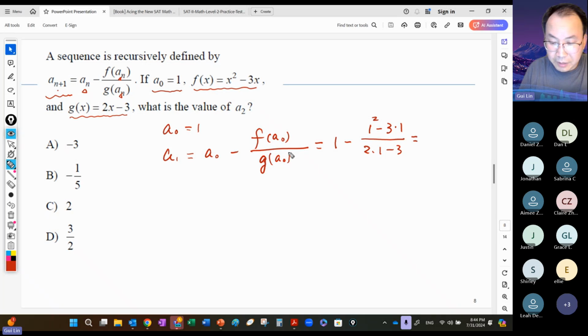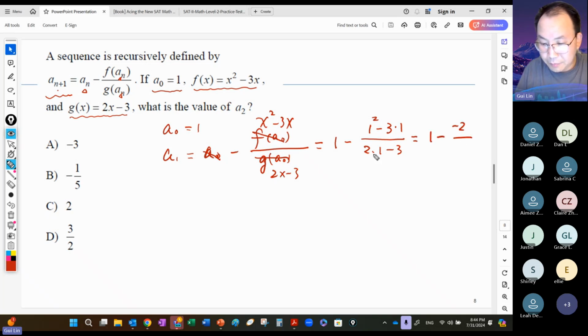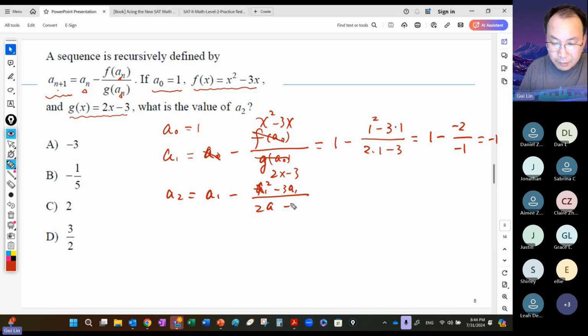So sometimes you can just make it easier. Just replace this one by x squared minus 3x, and this one by 2x minus 3. Right, one step. And x is just like A0. For A0, you can use the previous one here. So 1 minus, yeah, negative 2, right? Here is negative 1. Right? So you got negative 1. Here is 2 minus. Is it correct? All right, so A2 is A1 minus F(A1) over G(A1). So F(A1) is A1 squared minus 3A1, right? G is 2A1 minus 3.